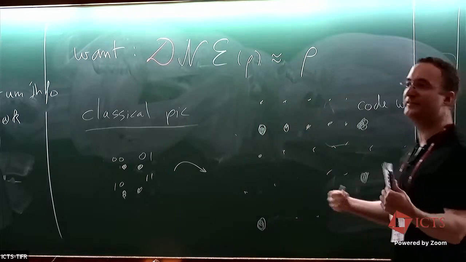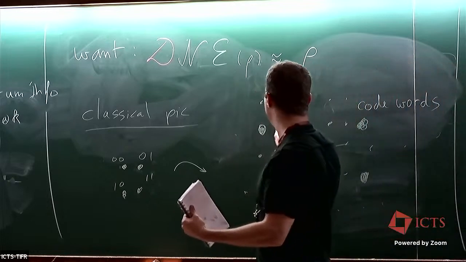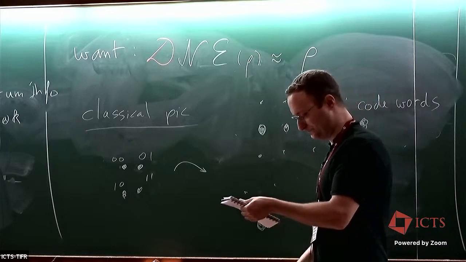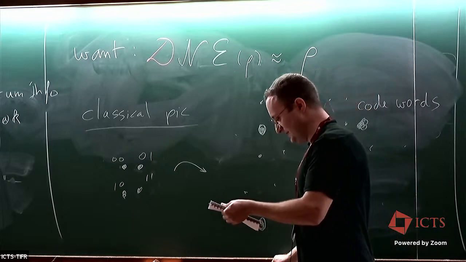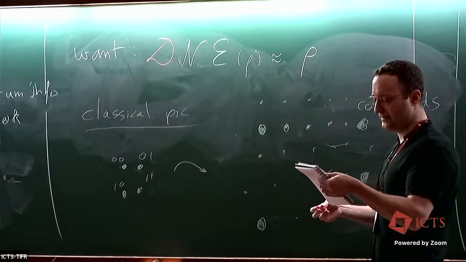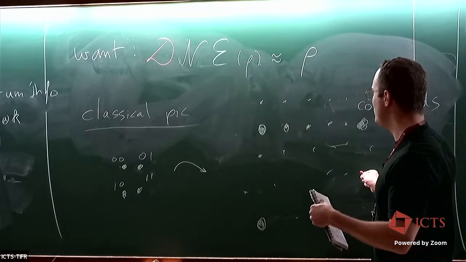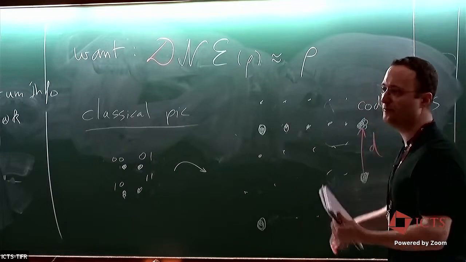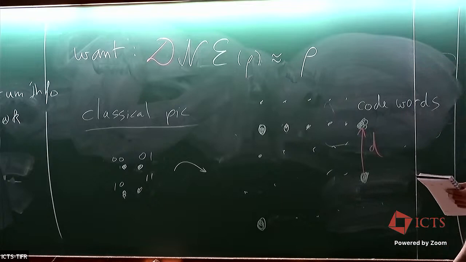Now, to corrupt the information, you need to act with a lot more errors to go from one to another. And so the smallest number of steps that you have to take to go from one logical code word to another, that's called the distance, d. A very important parameter in quantum error correction.